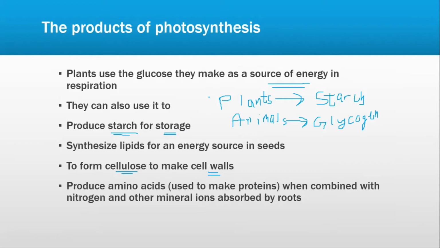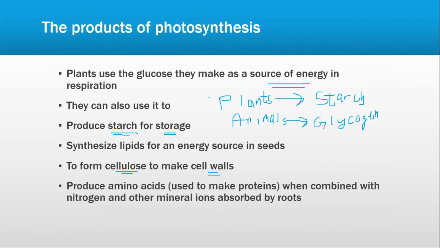If the examiner asks you where glucose is required inside plants, you have two answers: glucose can be converted into starch for storage material, or it can be converted into cellulose to make cell walls.